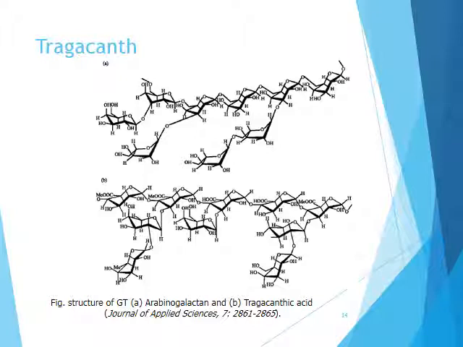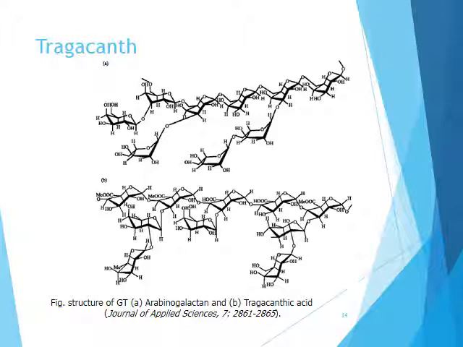It is a mixture of two units: the arabino-galactan unit, which is unit A, and the tragacanthic acid unit, which is the structure B. So it's not a single structure, but it's actually composed of two structures together as a gummy material.